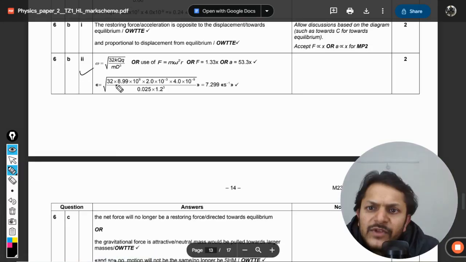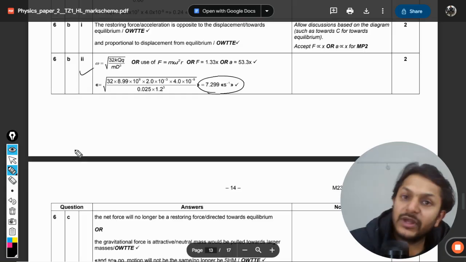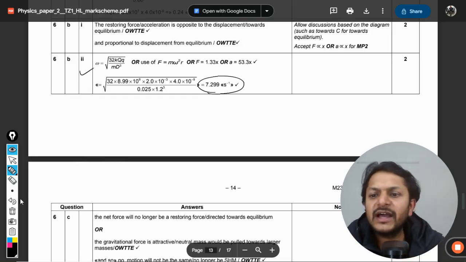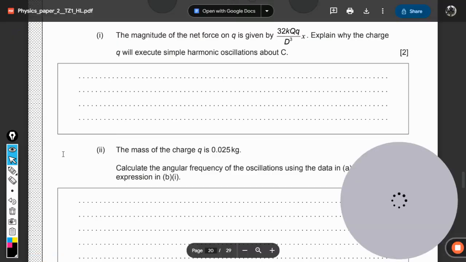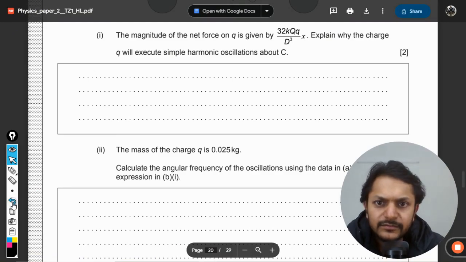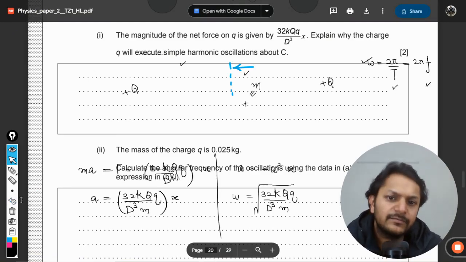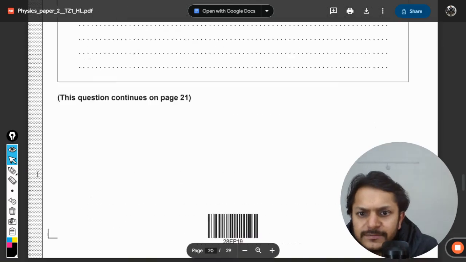This is omega, 32k capital Q small q divided by m d cube. This is what you were supposed to do, and this is the answer that you should be getting, 7.3. So you can just take your calculators and do the calculation that I had just written here. Okay, let us now move next.